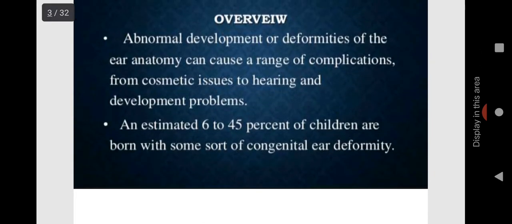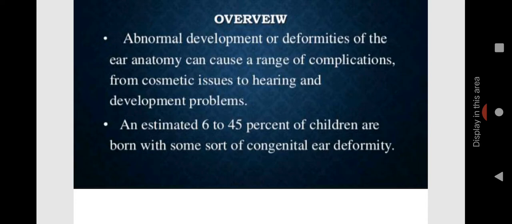Abnormal development or deformities of the ear anatomy can cause a range of complications, from cosmetic issues to hearing and development problems. If it is not developed properly, or has some irregular development, that is one thing: abnormal development or underdevelopment.